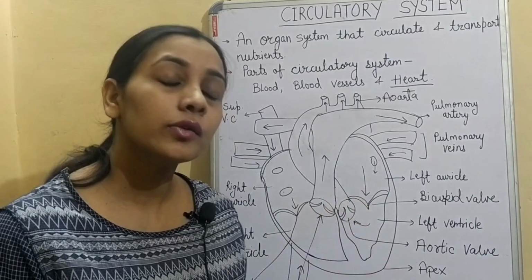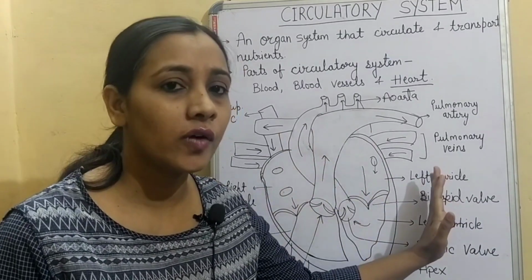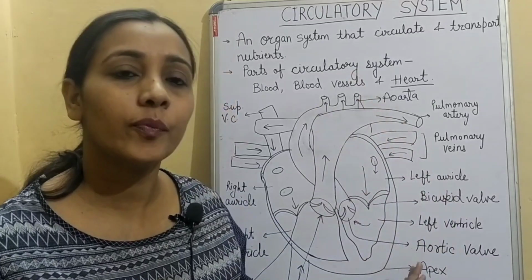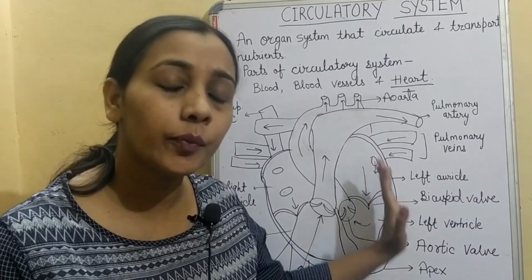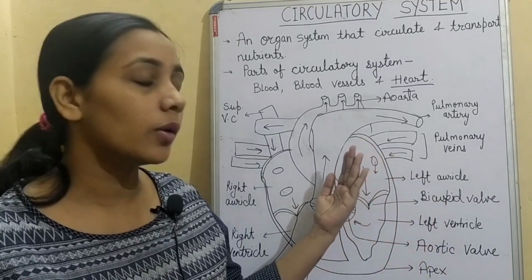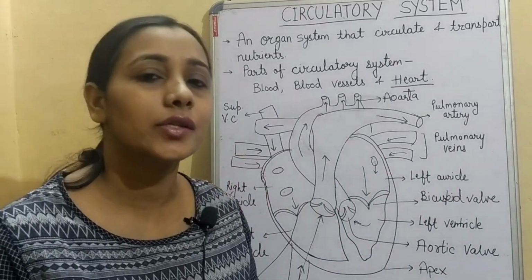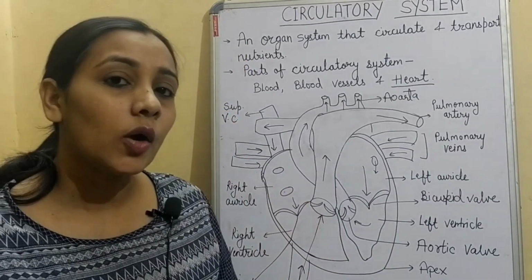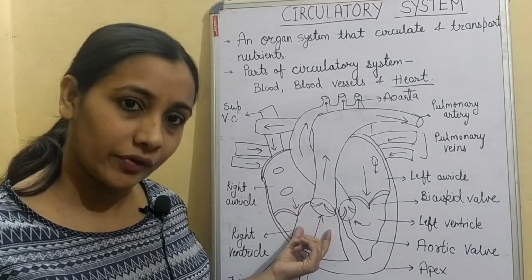Now here one point to be noted, that the whole left part of heart, that means left auricle and left ventricle, both have only oxygenated blood, and the complete right part of heart contains deoxygenated blood. Now blood from the right auricle will come to the right ventricle.